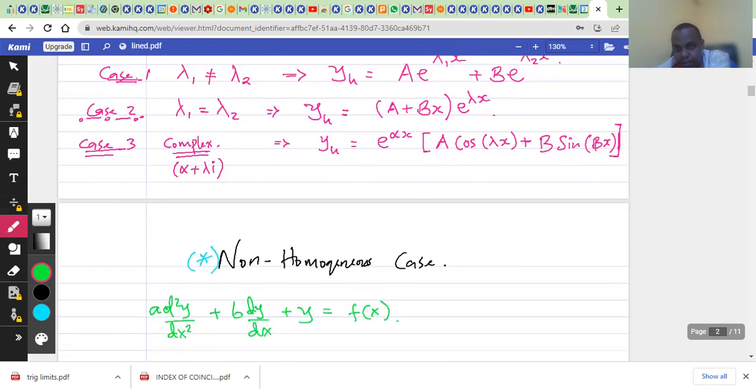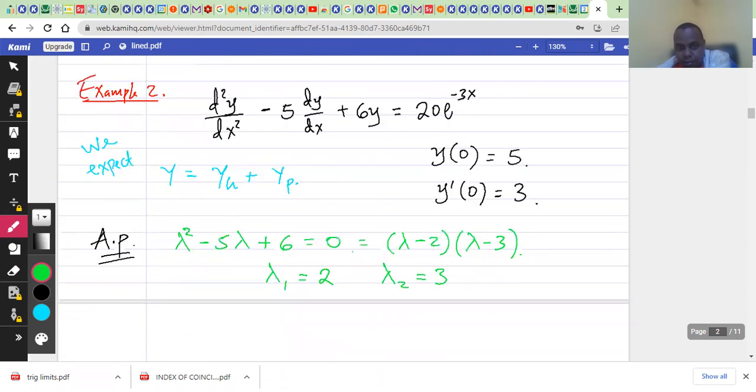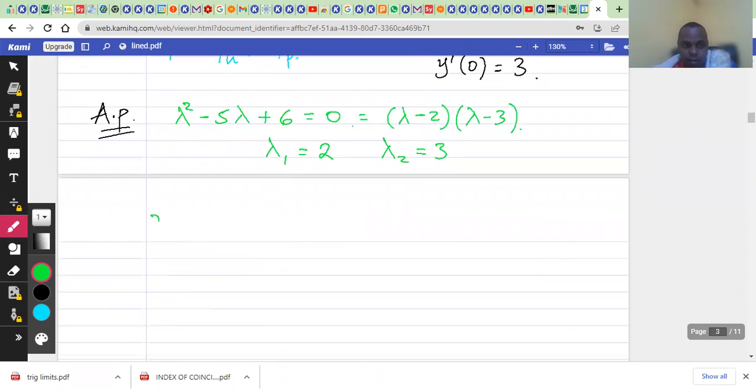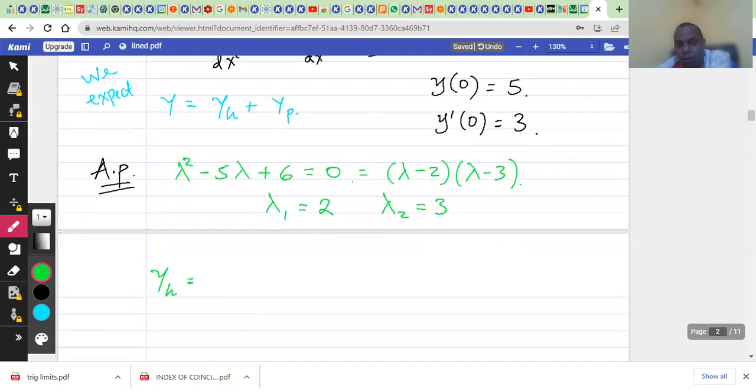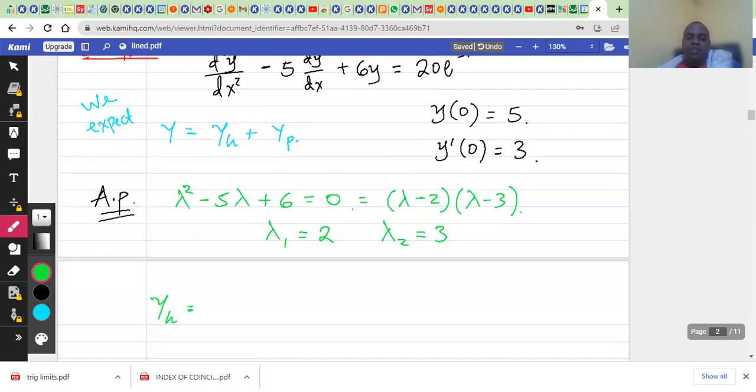So YH is going to equal YC. I am using H for homogeneous because I'm used to it, but it's YC in your notes. It's okay, let's carry on with yours.